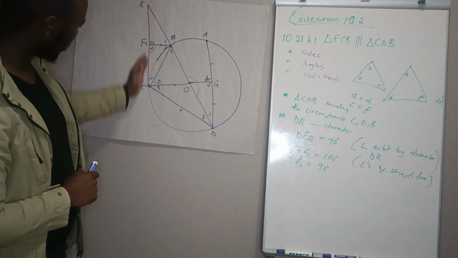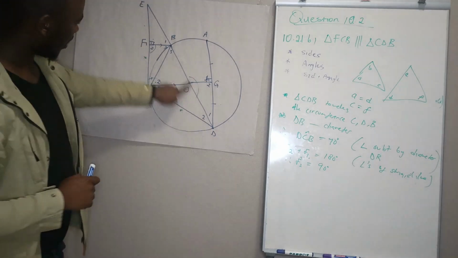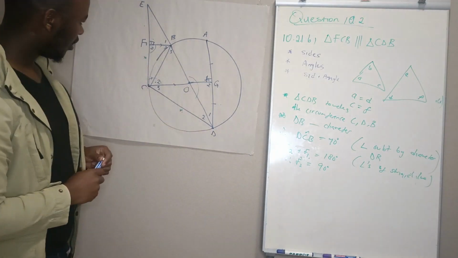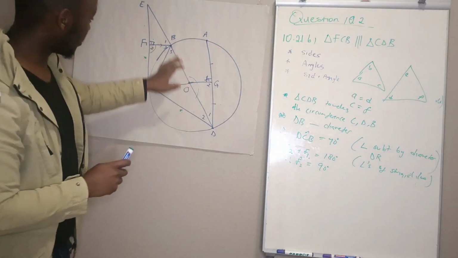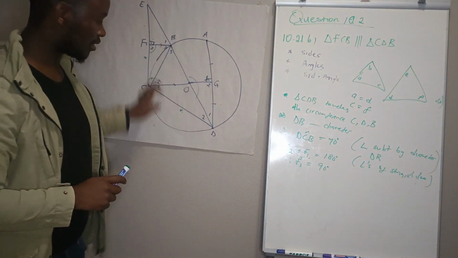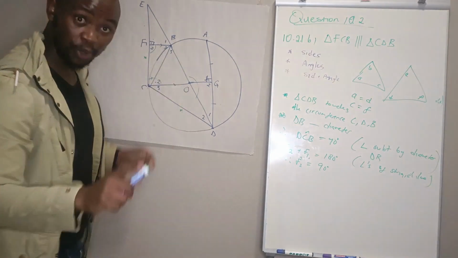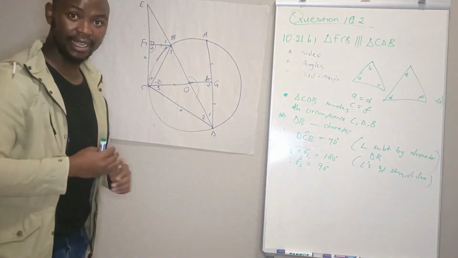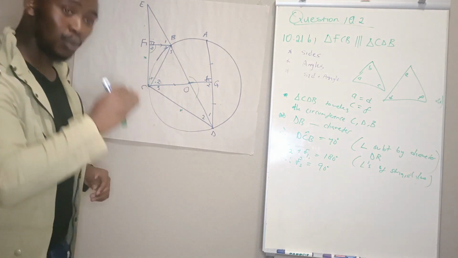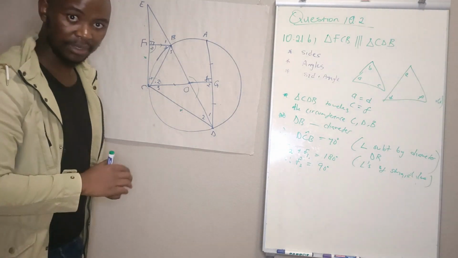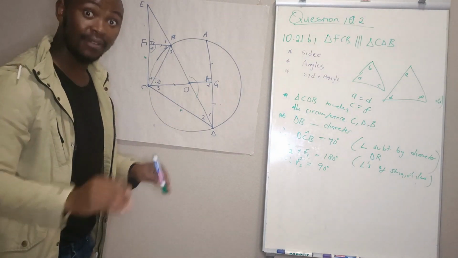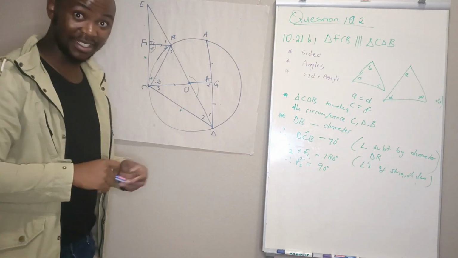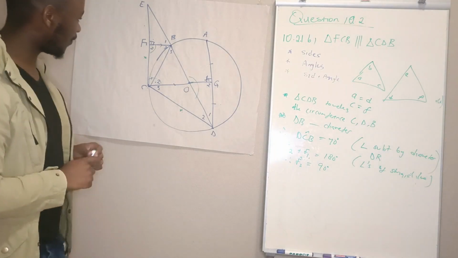So there's a tangent, and then there is our triangle there. It's given. So if there's a triangle that touches the circumference of the circle on all the points, and there's a tangent which somehow intersects that triangle, then there must be a tan-chord theorem in there. Look for that angle, find it, and tell us about it. Find it. That's the first step.